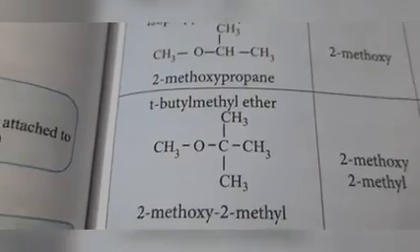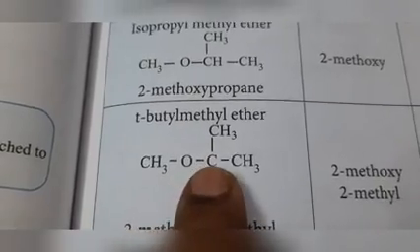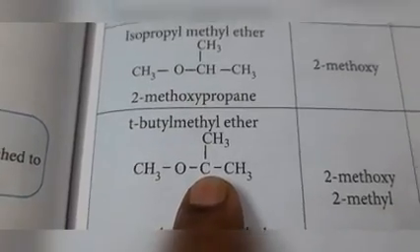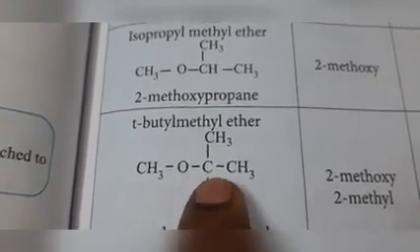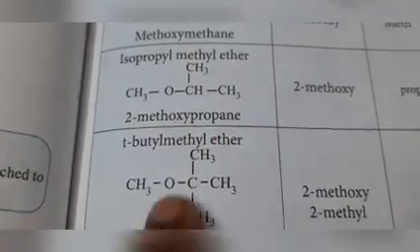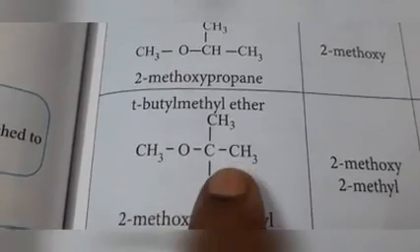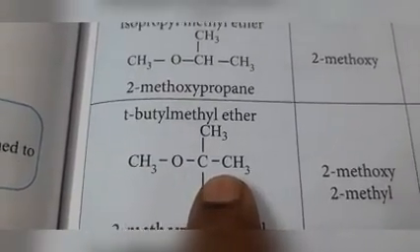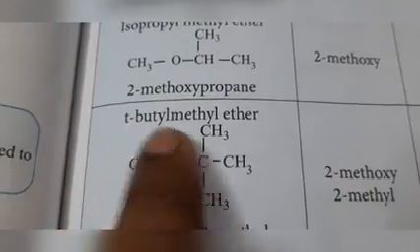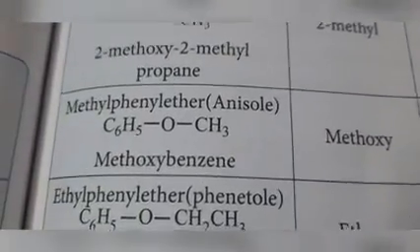Tertiary means the functional group attaching carbon contains no hydrogen. Here the functional group is ether, and the attaching carbon contains no hydrogen, so this is called tertiary. So the name of this group is tertiary butyl. According to alphabetical order, T comes first: tertiary butyl methyl ether. Alkyl name plus ether.